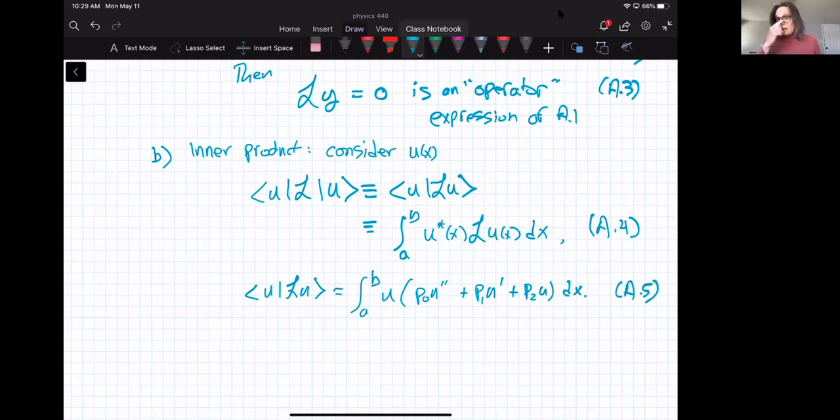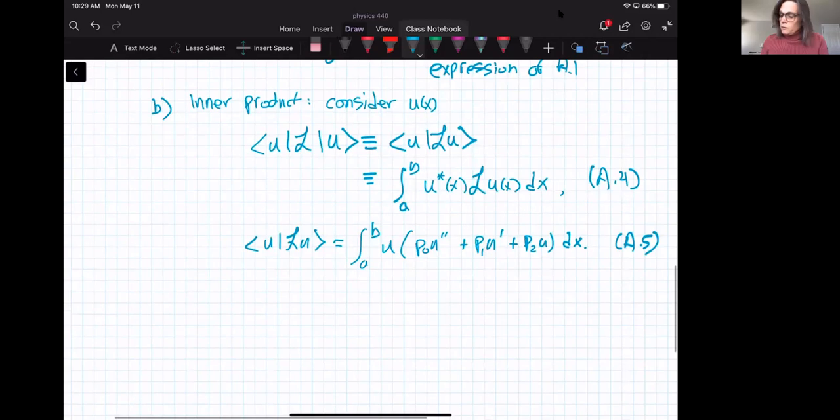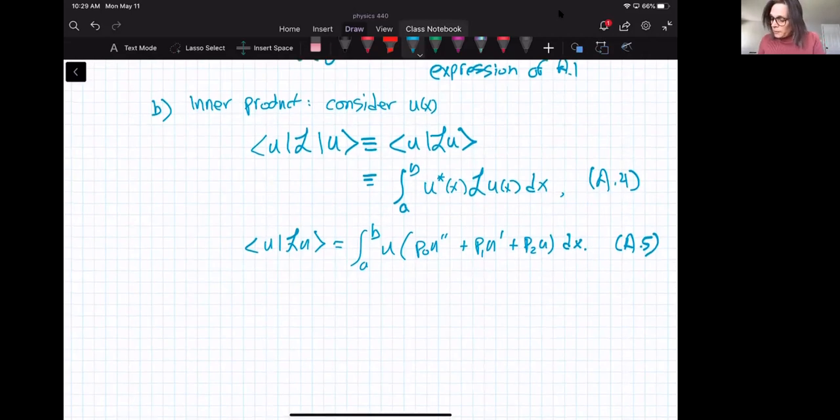Okay, so again, just using the same kind of formalism that you would have used in quantum, and taking off that, we can then define orthogonality for two functions v and u. How might we go about that? What would be the orthogonality statement?